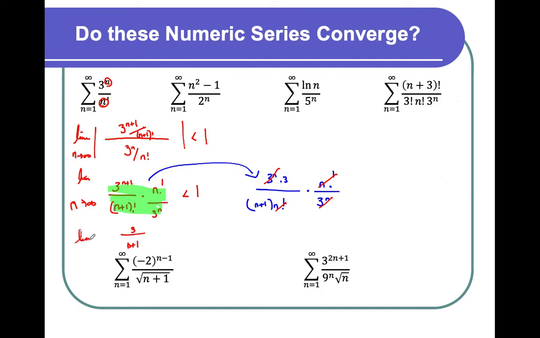Now take the limit as n goes to infinity and tell me what that limit is equal to. Well, I took pre-cal and I paid attention, right? This is the end behavior of a rational function, where the power of your numerator is less than the power of your denominator. So this limit is 0, and 0 is less than 1. So by the ratio test for convergence, this numeric series converges. Woot woot!